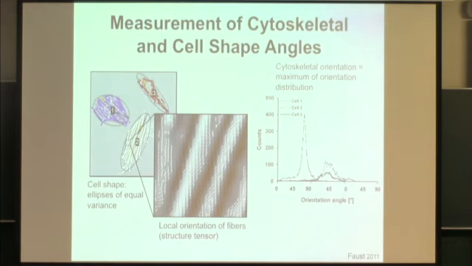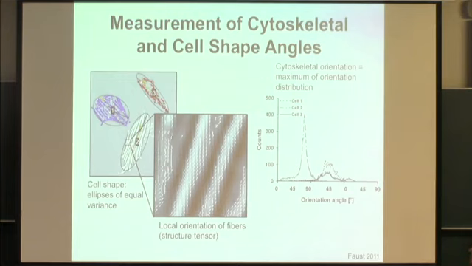Actually, I forgot to mention, this is always labeled against actin. Now, it's a huge pile of numbers, and we have to characterize it somehow. We use the maximum of that distribution and say this is the angle of the cytoskeletal orientation of that cell. The orientation of the whole cell body is very simple.